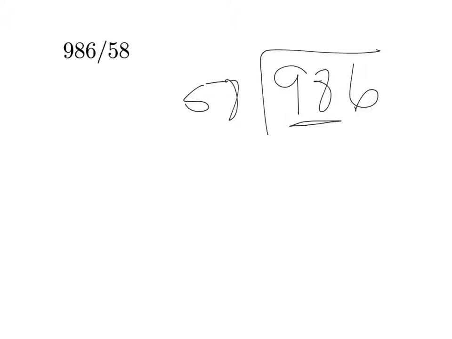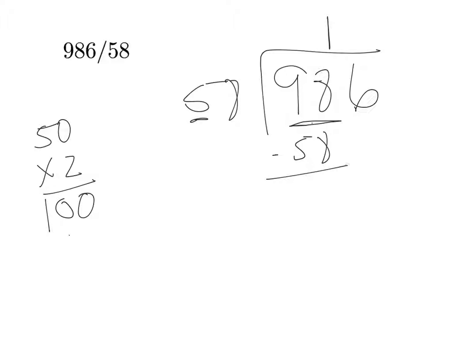Well, we know that 58 is part of 50, right? 50 times 2 is 100, right? So 100 is bigger than 98, so we know that it only goes into 98 one time. So we can subtract 58 from 98.